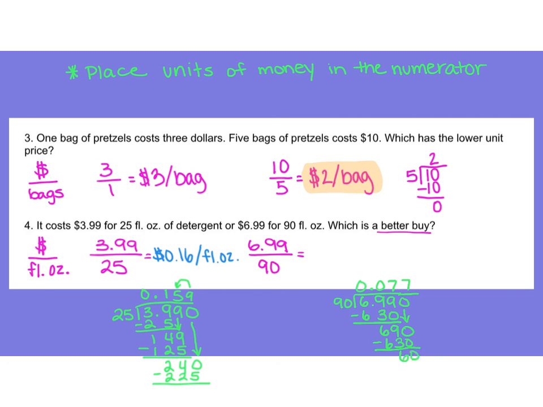And we're left over with 60. So because I see a 7 in the thousandths place, I would need to round up my hundredths place to an 8. So our unit rate is 8 cents per fluid ounce.